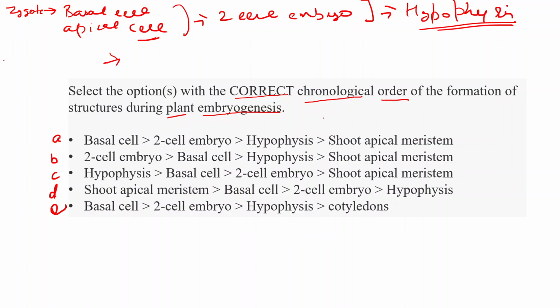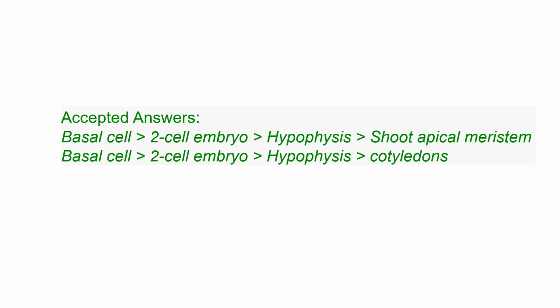So I'll just write here SAM, which is shoot apical meristem, or cotyledons. Both can be formed. So this means that A is also correct and E is also correct. Okay, so there are two correct options for this question. Basal cell, two cell embryo, hypophysis, shoot apical meristem. Basal cell, two cell embryo, hypophysis, and cotyledons.